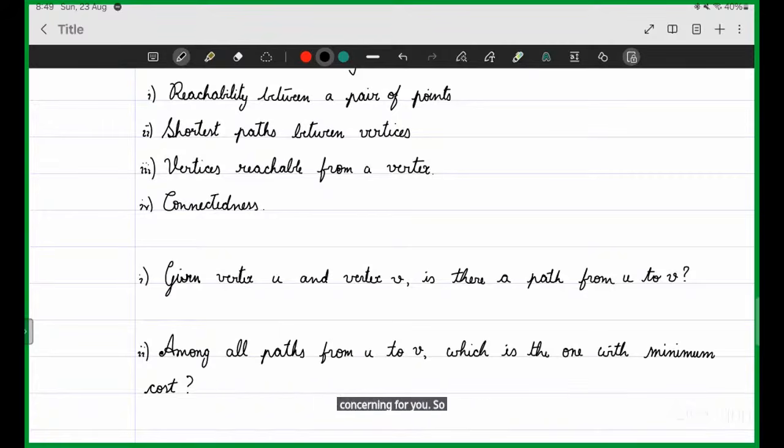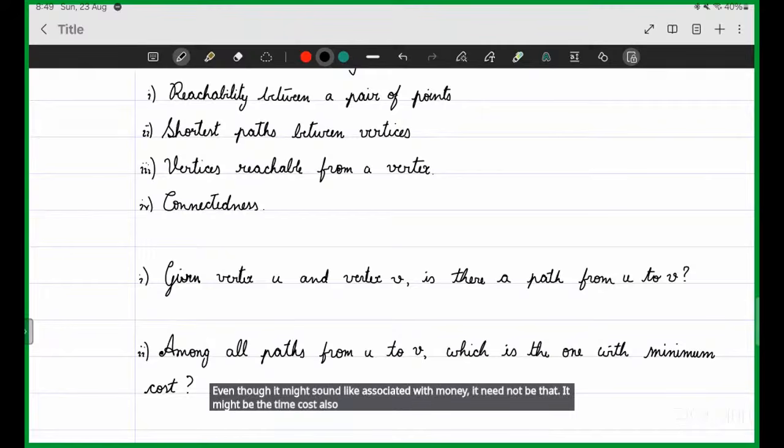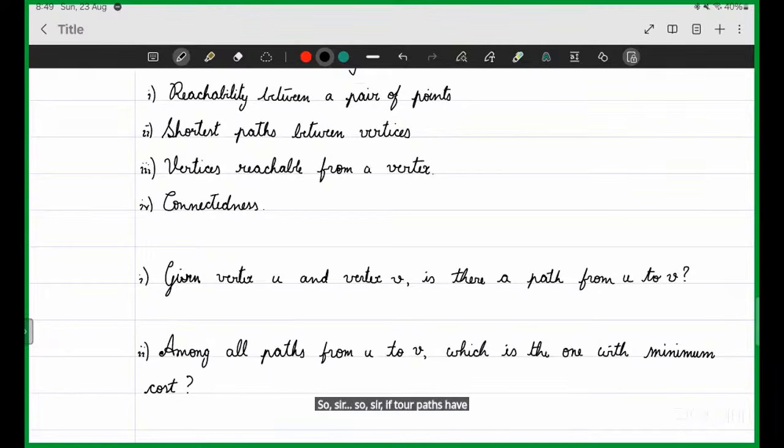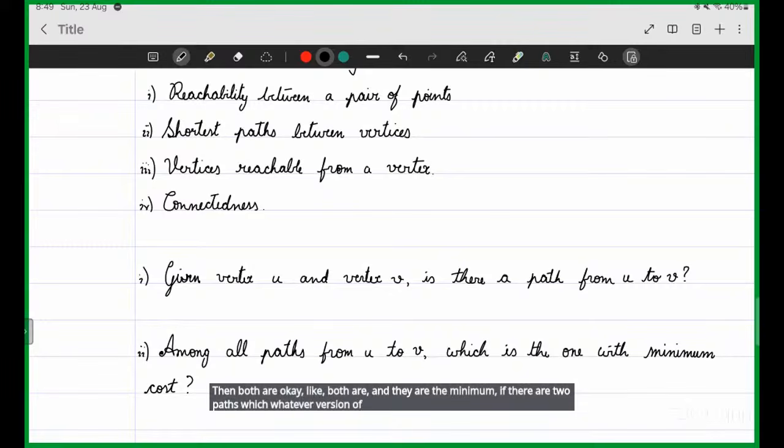So the cost, even though it might sound associated with money, need not be that. It might be the time cost also. If two paths have the same cost, then both are okay, and they are the minimum. Whatever version of cost you have, if there are two paths with that cost, then you can take either of them.